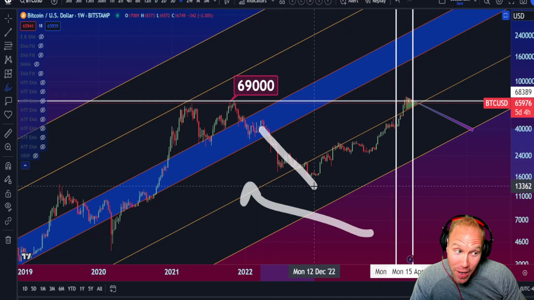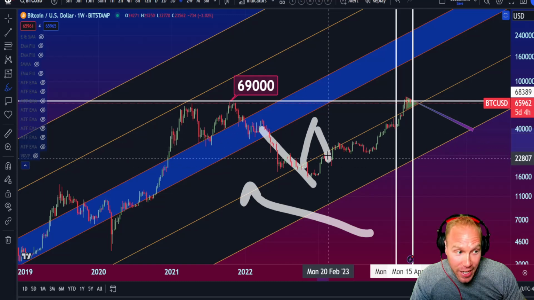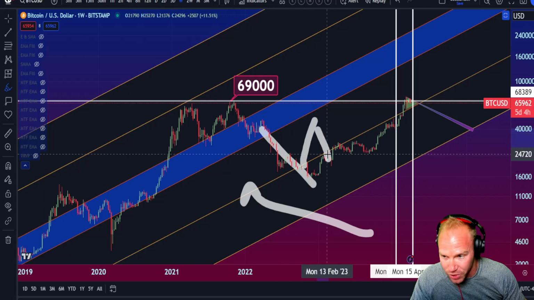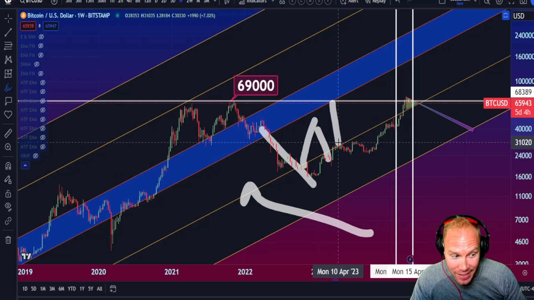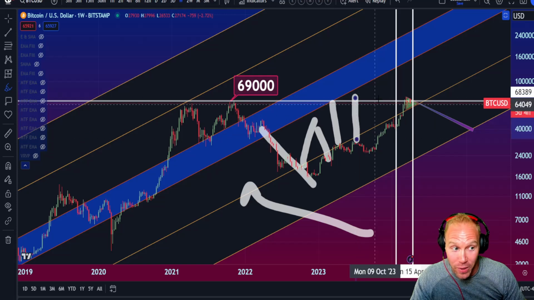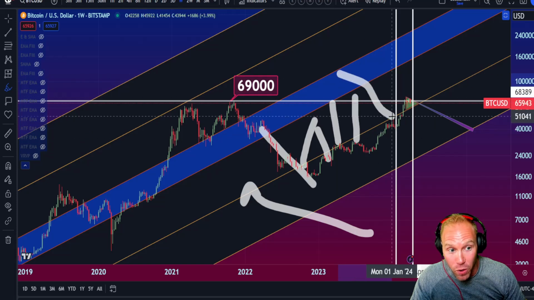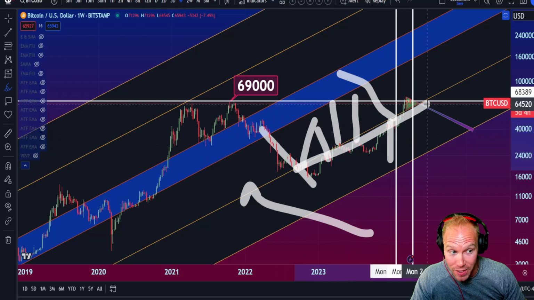It went below it, got rejected in October of 2022, rejected in January and February of 2023, rejected again April 2023, a near rejection in July of 2023, a rejection from the 48K push-up that we had that I thought was going to be the local top, because it just kept bumping its head on this line.